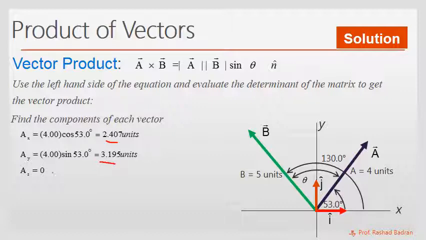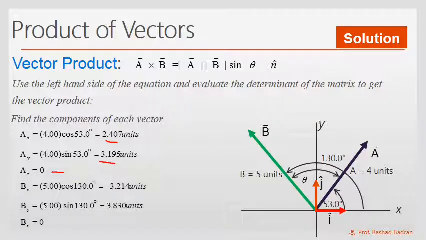The z component is 0, obviously, because the two vectors are defined in the xy plane. Regarding the second vector, the x component is minus 3.14 units, the y component is 3.83 units, and the z component is 0.